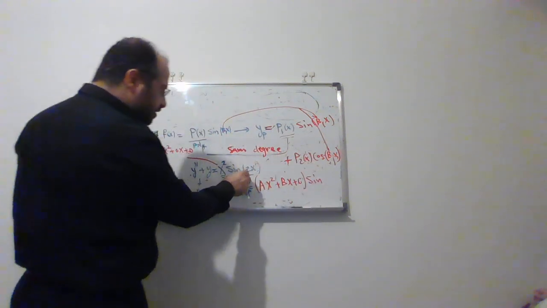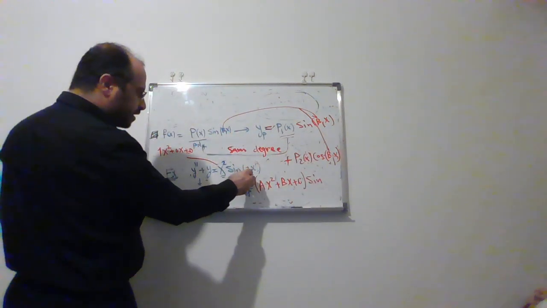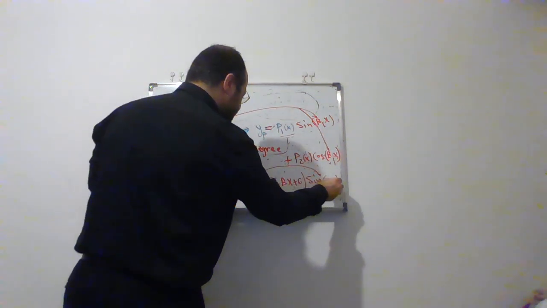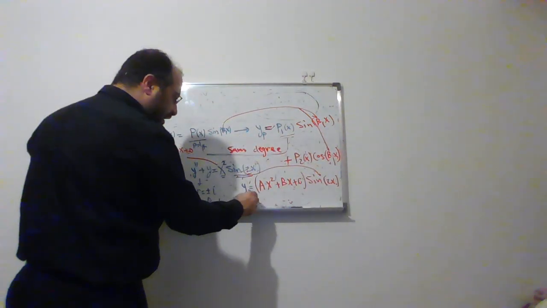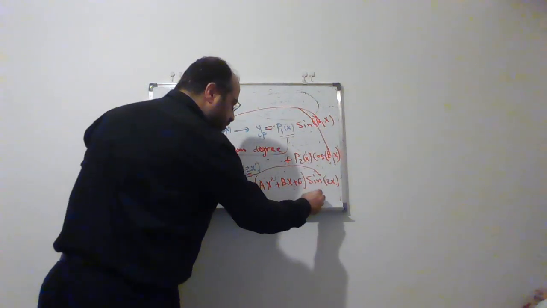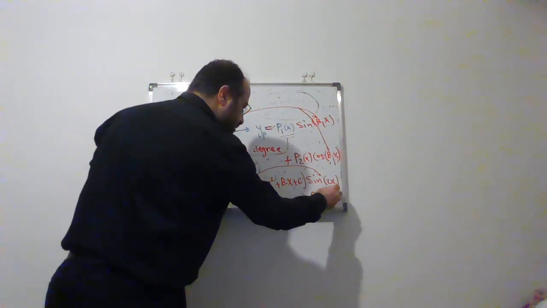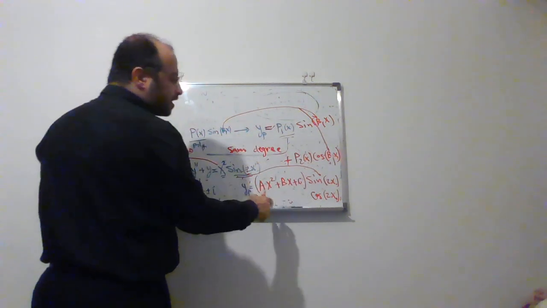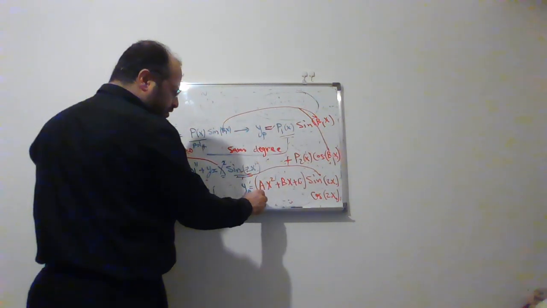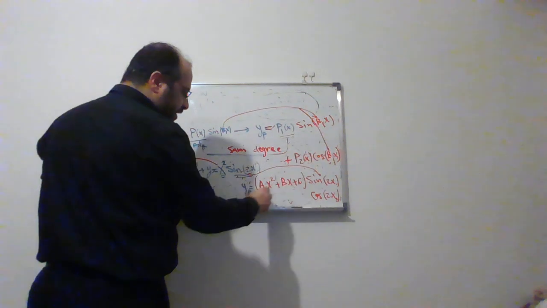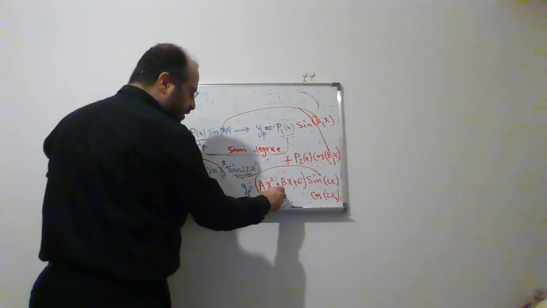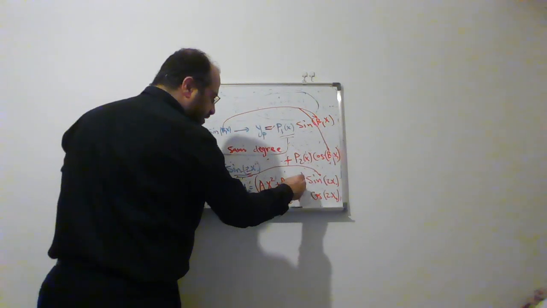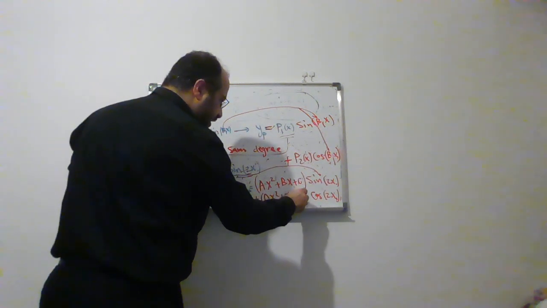Sine, how many x do we have here? We have 2x, right? Then you need to go with sine 2x. And then you need to add cosine 2x, and here you need to choose another set of coefficients, for example dx squared plus ex plus f, yeah?